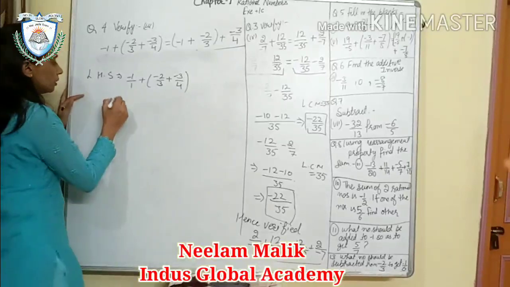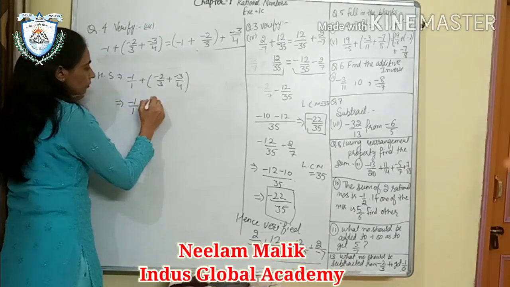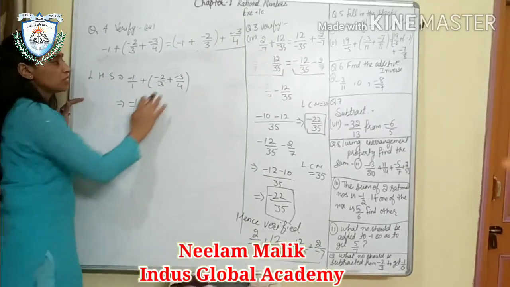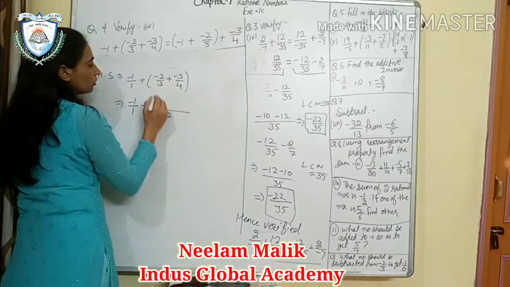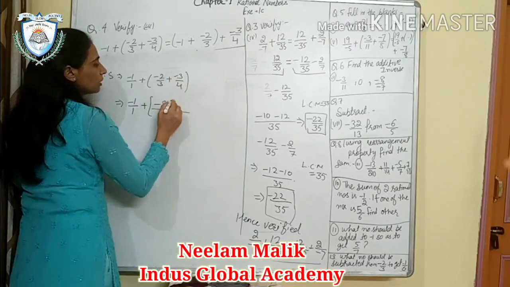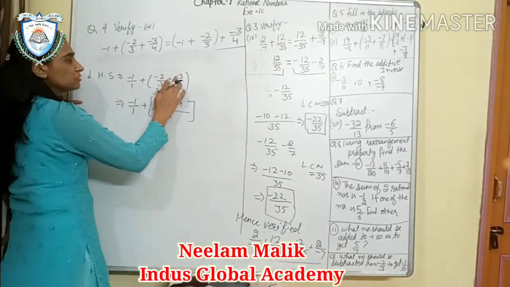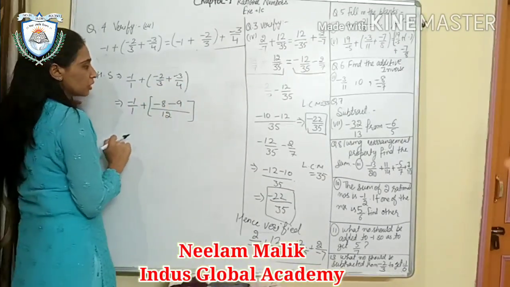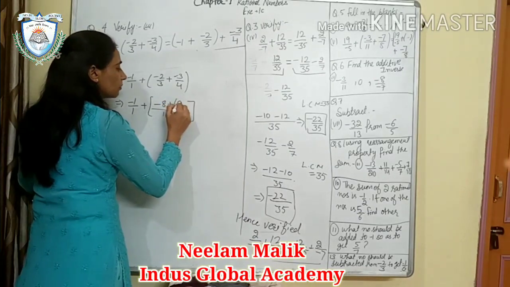So here will be -1/1 plus, we have to take LCM. LCM is 12. So here will be -8, here will be -9. Why minus? Because plus minus will be minus. Or if you want to put plus here, you can do and take minus inside.